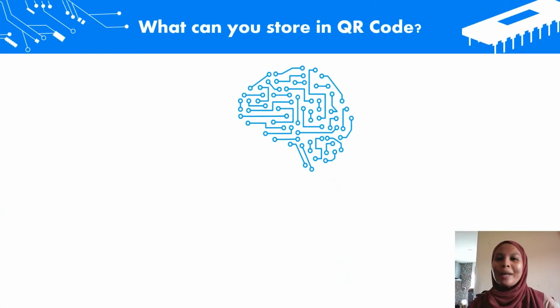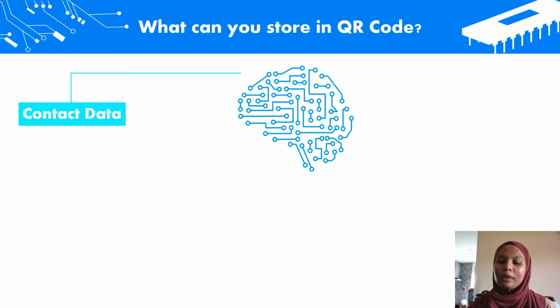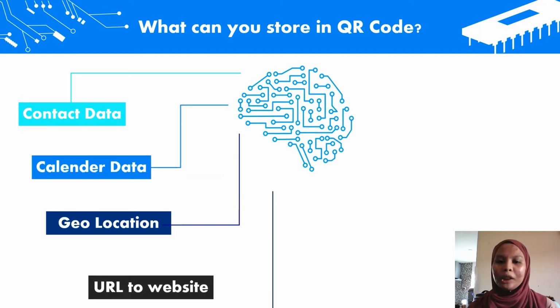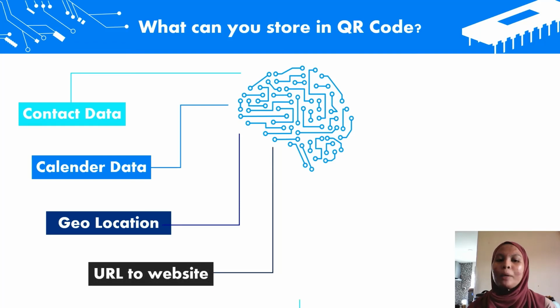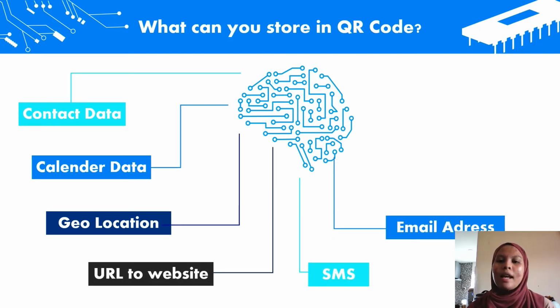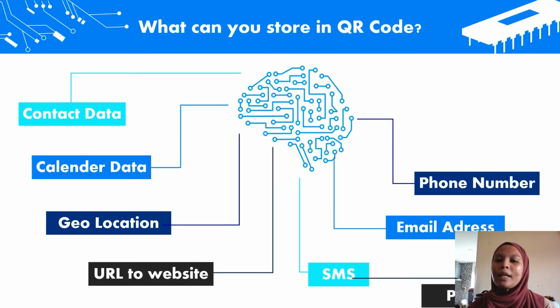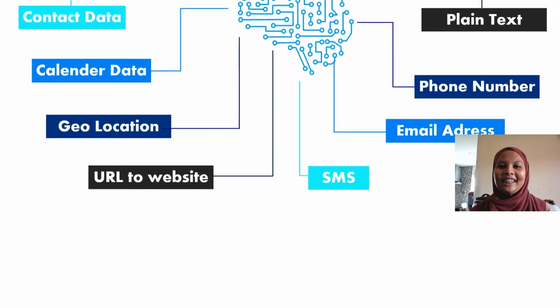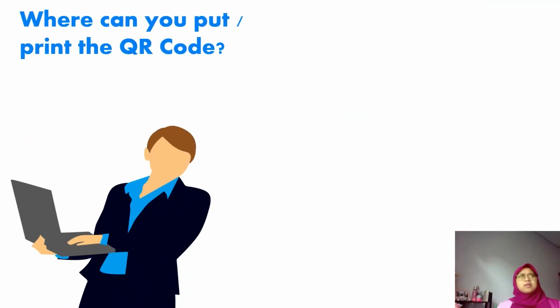So, what can we store in a QR code? We can store contact data, calendar data, geolocation, URL to a website, SMS, email address, phone number, and the last one is plain text. Where can you put or print the QR code?